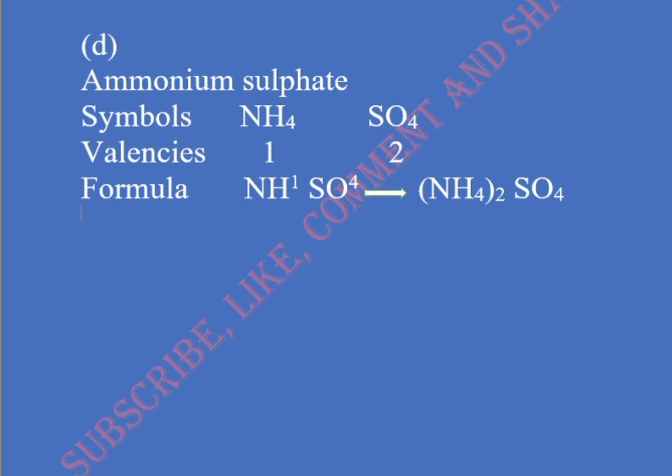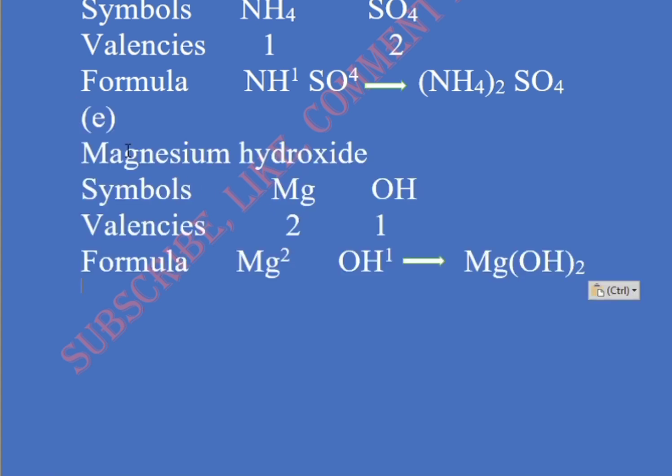When we are exchanging the valency for the radicals, when it is more than one, say 2, 3, 4, 5, we take the entire radical, we write the entire radical in a bracket, then we write the valency as a subscript after the symbol of the radical. Take note of that, please.